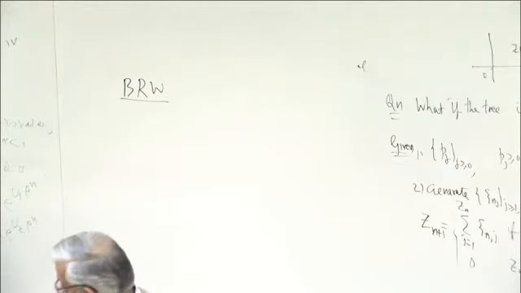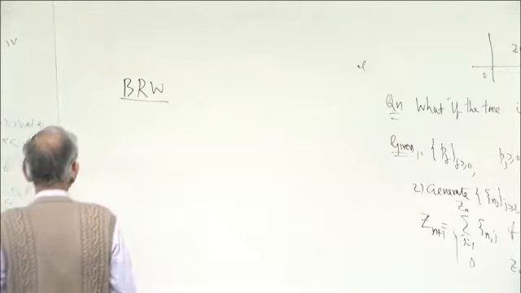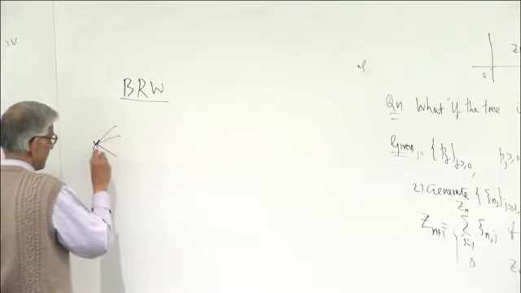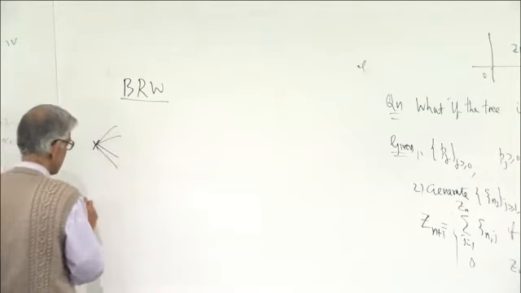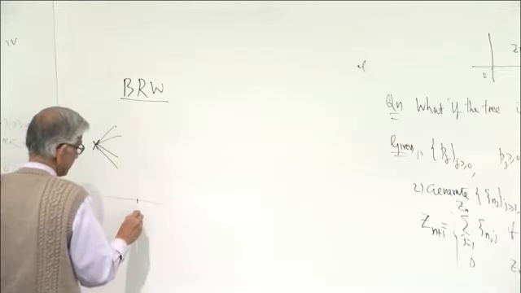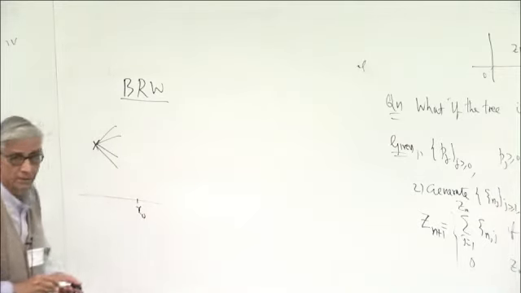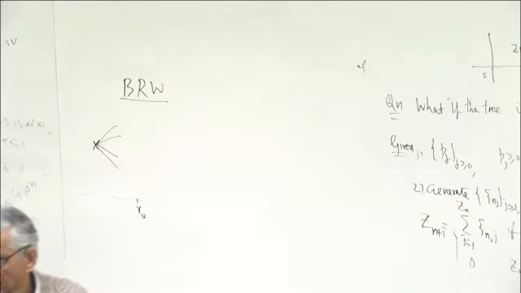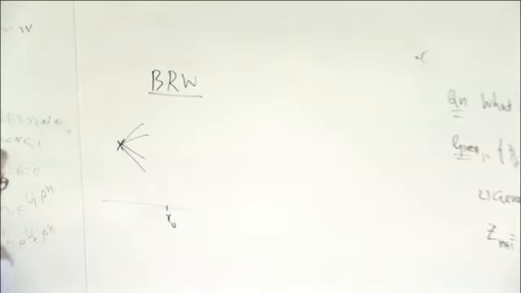So you start with an ancestor at time 0, and this ancestor has a random number of children, and this ancestor is located at some site x0. x0 is the location of this ancestor. But these children essentially migrate from where the parent stays and go to a new place.